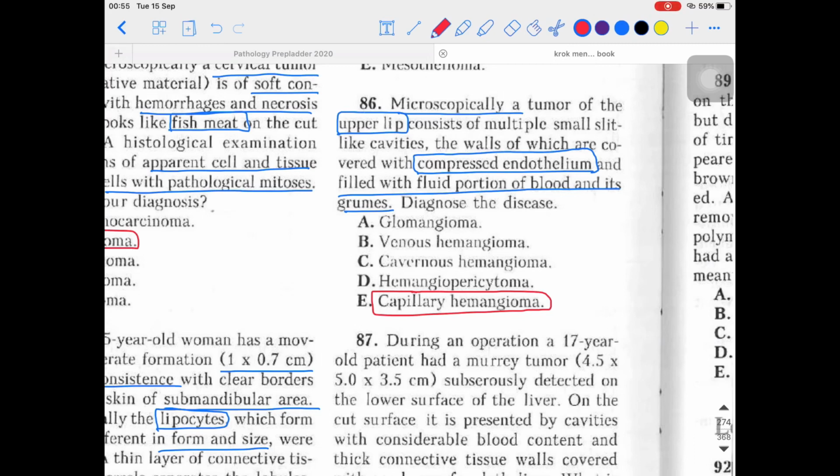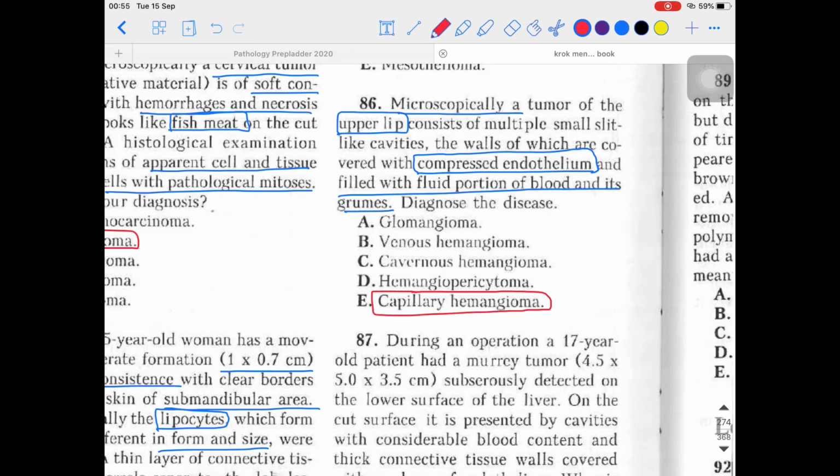Let me talk about the capillary hemangioma first. Capillary hemangiomas develop in the skin, mucous membrane, GI tract, and liver, and most commonly occur in children. They are well defined and unencapsulated lobules.